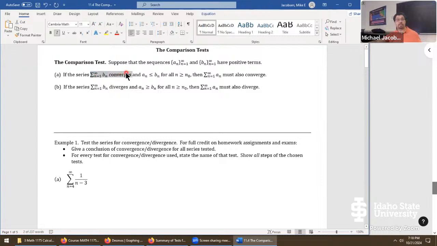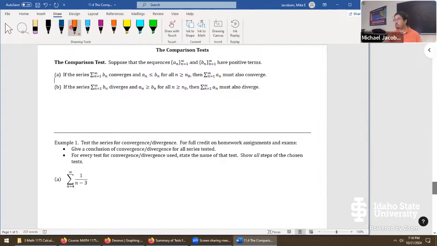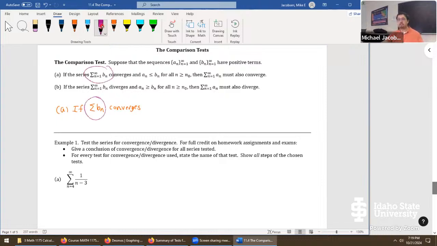If we have, say, that it converges, and we know that the series we're interested in has terms always less than or equal to the terms over here, then the series An has to converge. Thinking of that in a different way for part A, if the series Bn converges, and this is just fast shorthand if you have to write this out, sometimes our author just writes the summation of Bn, not mentioning where it goes from, as a really fast way to refer to the series.